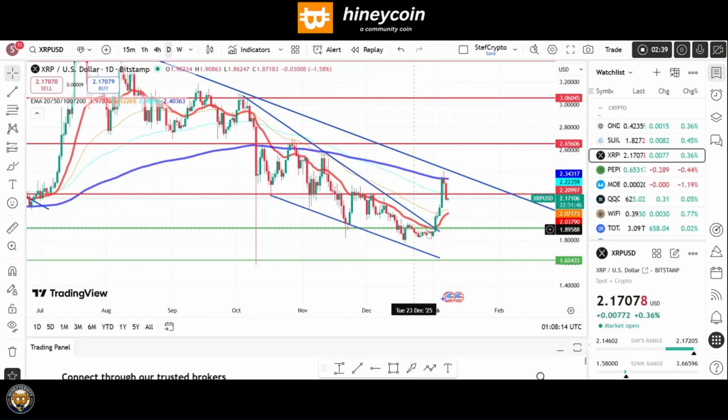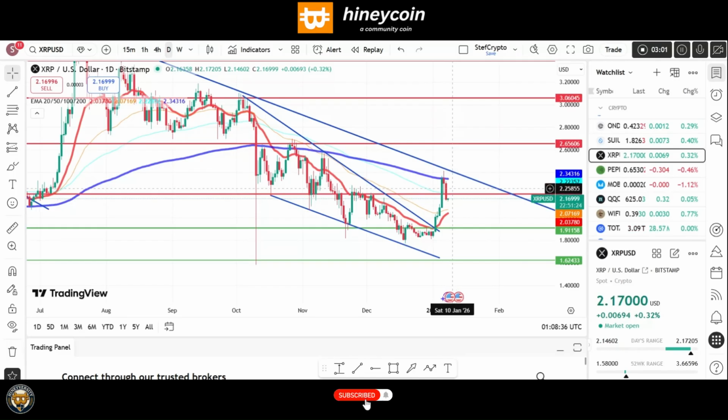And if you see now, you have the 20-day EMA coming up. There's a big chance that that will act as support. So if XRP drops another dollar, a few dollars, this will come in and act as support. And then XRP will start to turn around and go up.